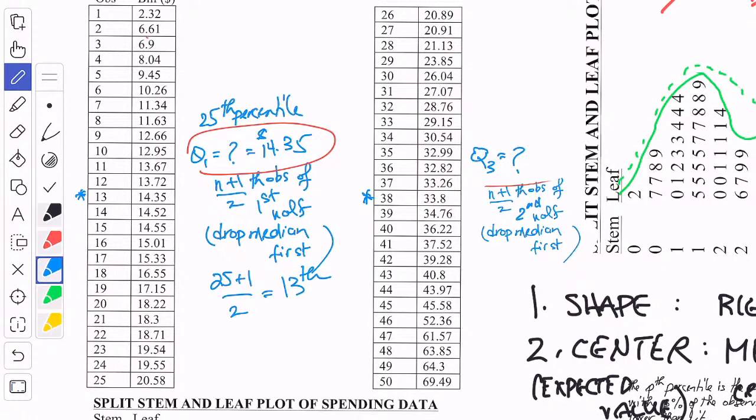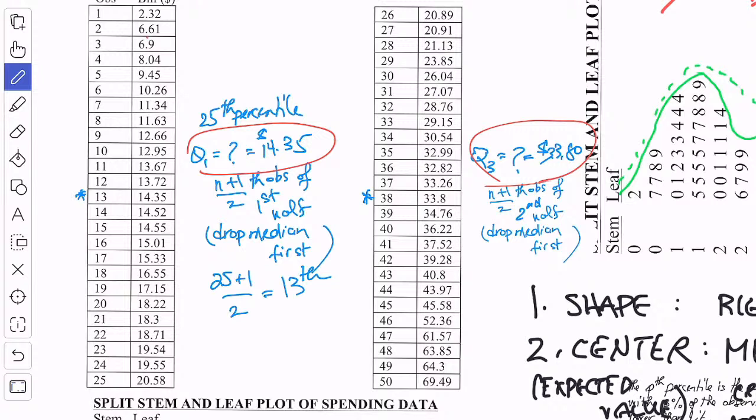So Q3 is $33.80. So it shows me, I'll show you what it shows me. Okay, so we're going to take these values, $14.35 and $33.80. Questions about them first before I use them?